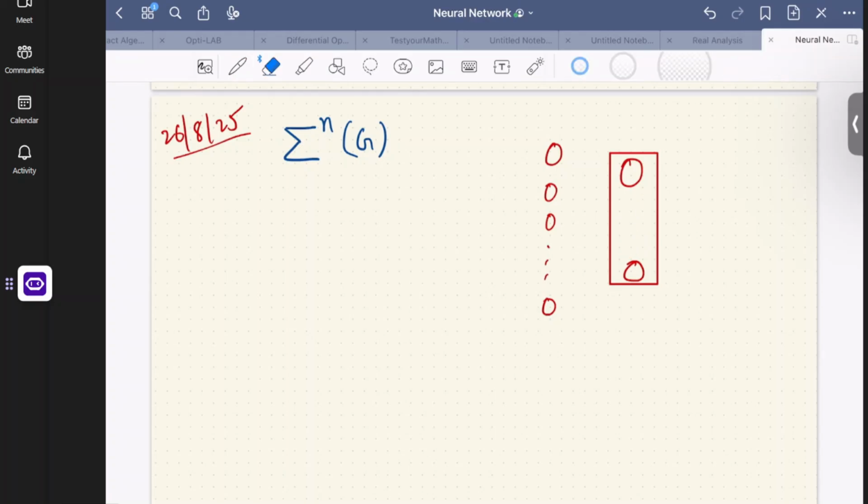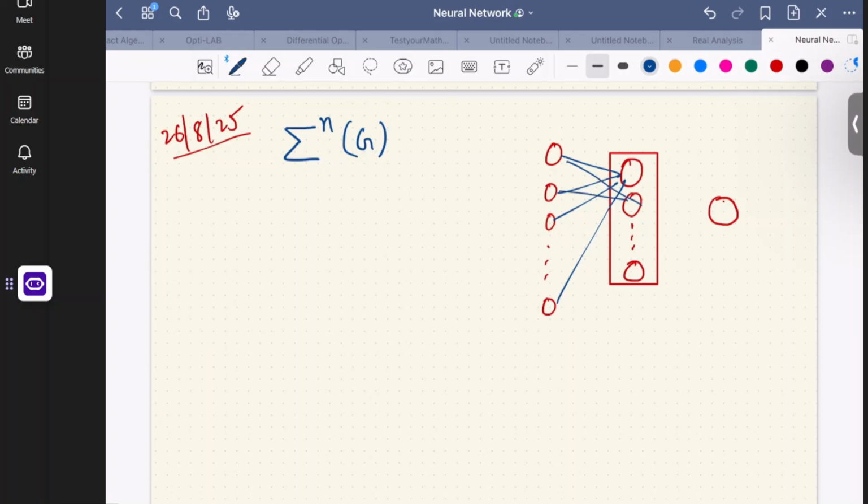It's not a fixed thing. And then finally you have a kind of fully connected neural network.